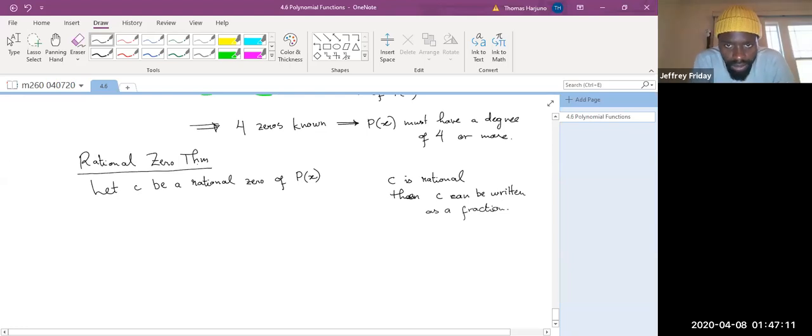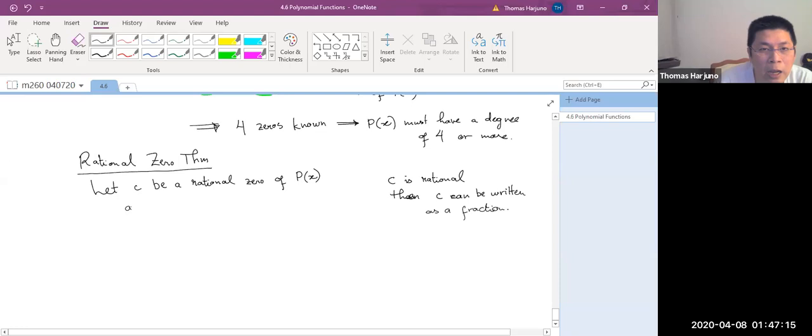Now, let c be a rational zero of P(x), and the coefficients of P(x), the a_i, are integers.